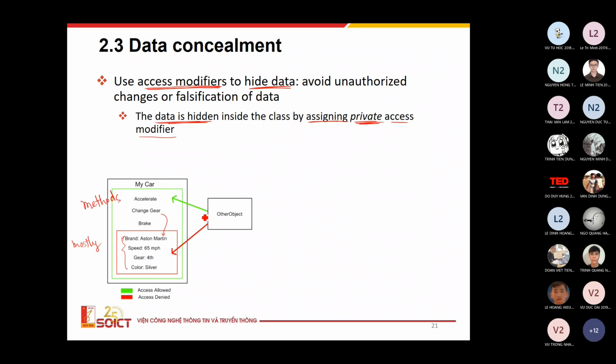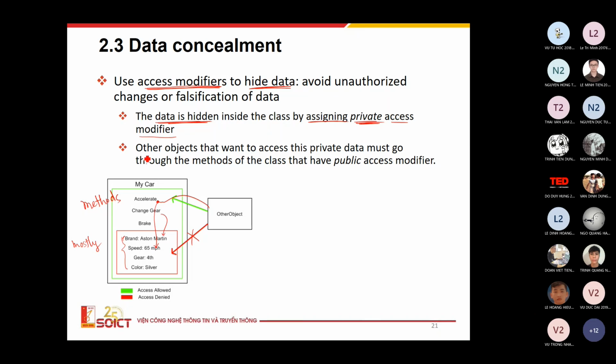Okay, so from the other object, if you want to know about the attribute of this object, you cannot go directly. You have to go through a public method here, and this method will give you access to the attribute, for example.